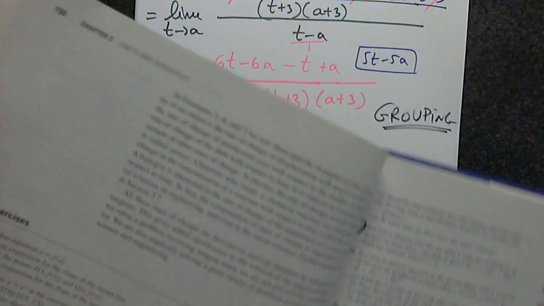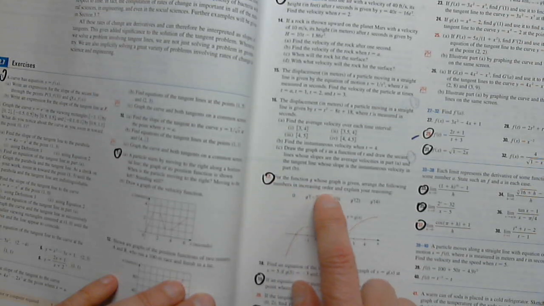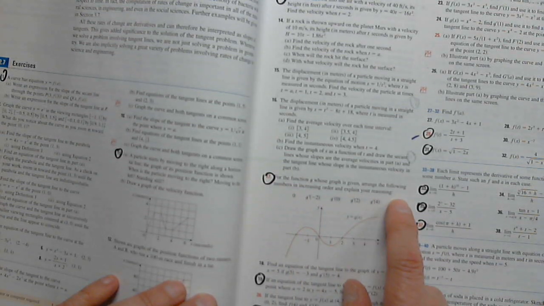Okay. I'd like to look at this problem for a minute. It says, for the function g whose graph is given, arrange the following numbers in increasing order and explain your reasoning. Ready?